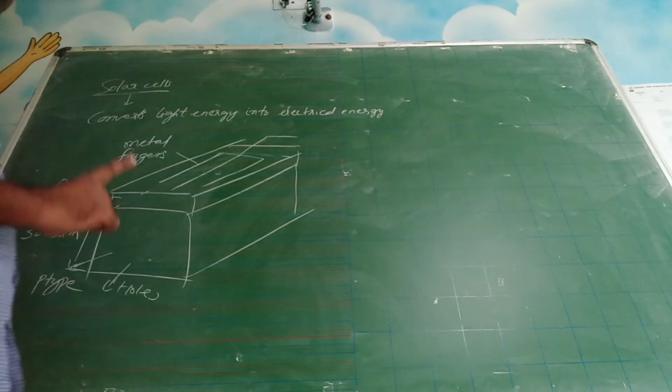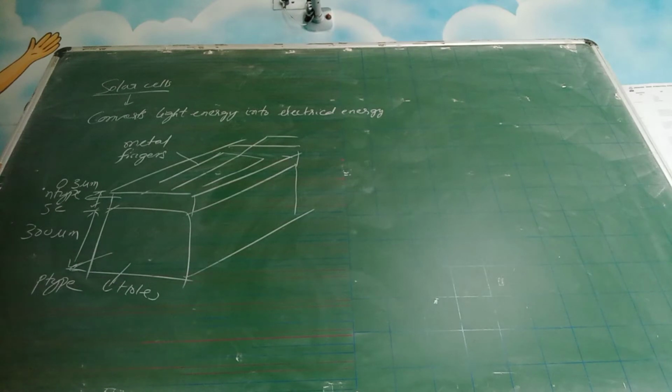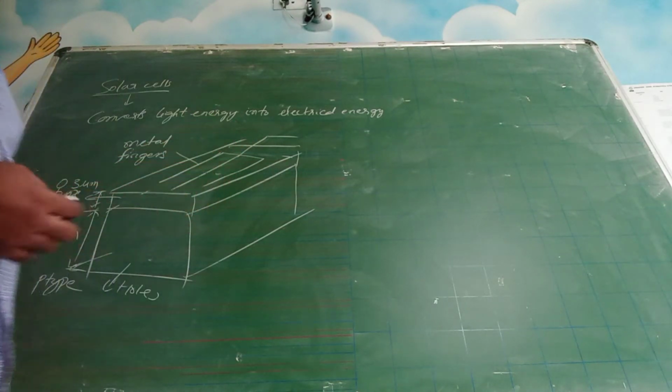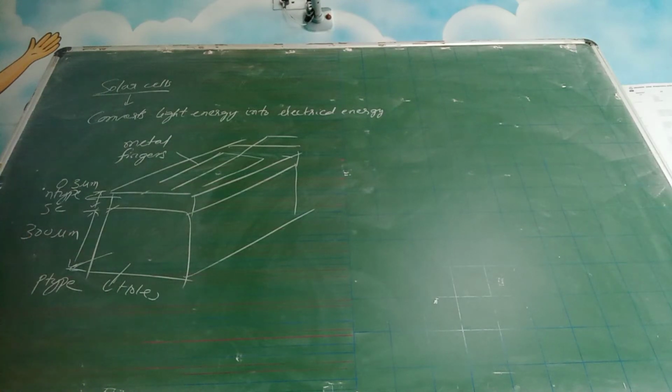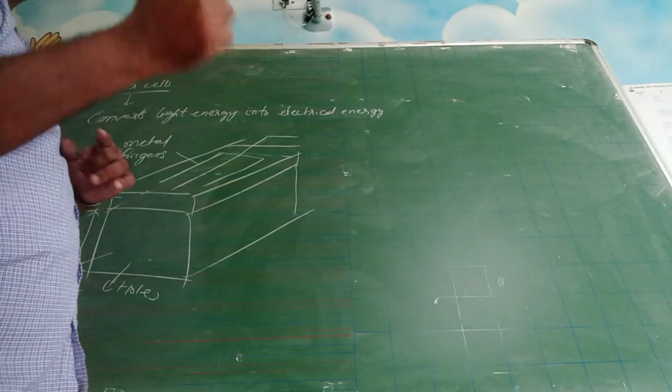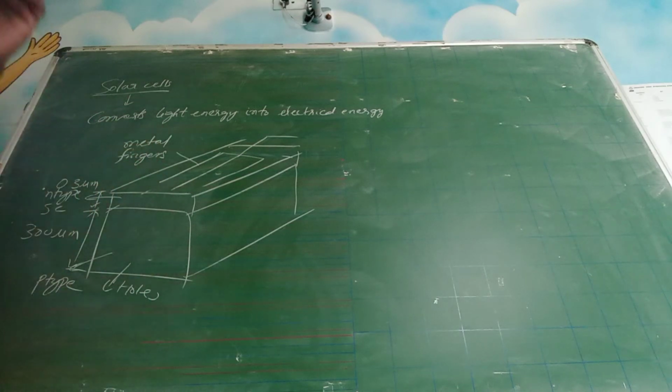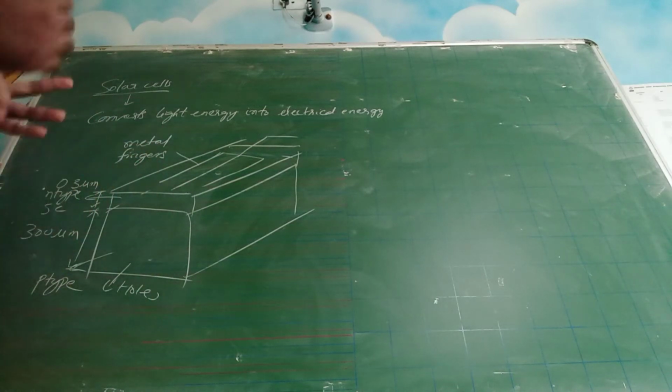So basically we need to understand that in the solar cells, we have to move electrons from the N-type towards the P-type, so that they occupy, from the conduction band to the valence band. In the light emitting diode, we have used a battery.